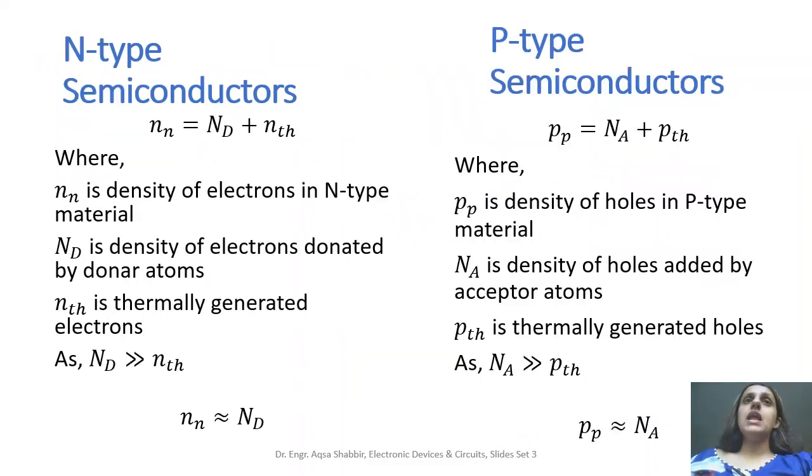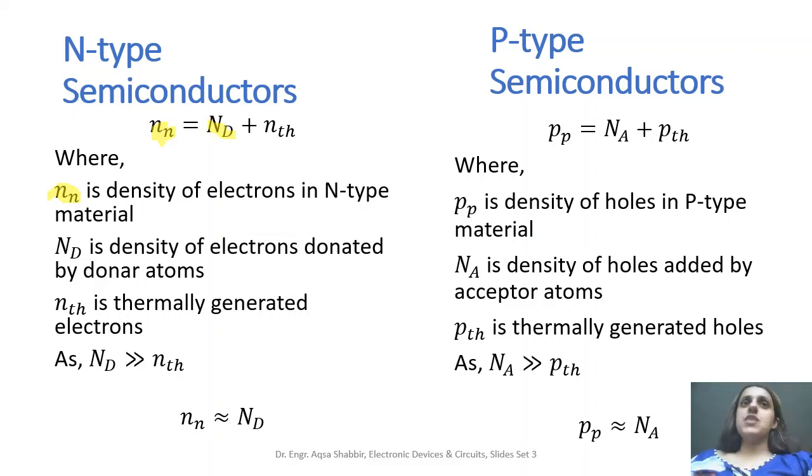So now in N-type semiconductors, Nn is the density of electrons. This Nn, the density of electrons, is basically a sum of 2 components. One is the density of electrons donated by donor atoms, and the second is the electrons generated through ionization, because you know that the processes of ionization and recombination are always taking place.